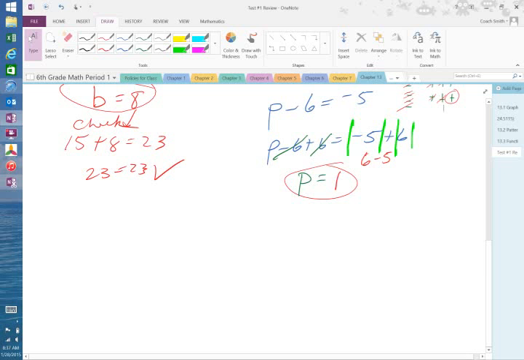Let's see here. Do number 8 on your own. Number 8 says n minus 8 equals negative 10.